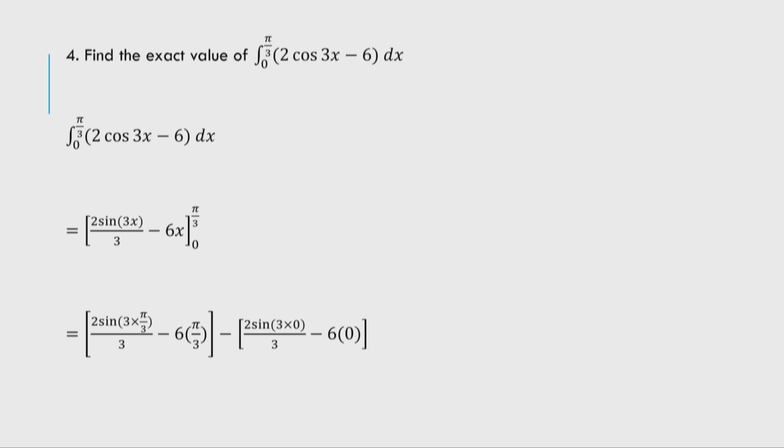Substituting the limits, we get 2 sine 3 multiplied by pi by 3 over 3 minus 6 multiplied by pi by 3 minus 2 sine 3 multiplied by 0 divided by 3 minus 6 multiplied by 0. Evaluating this, we get negative 2 pi.